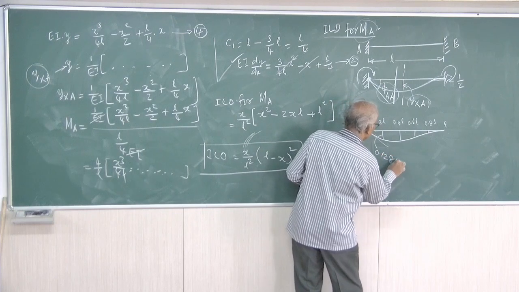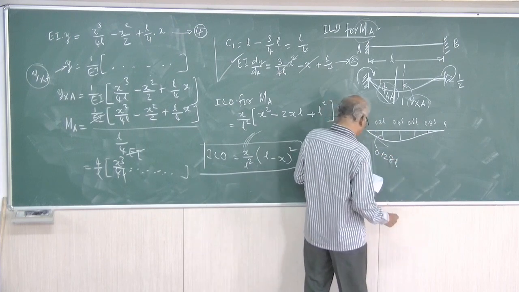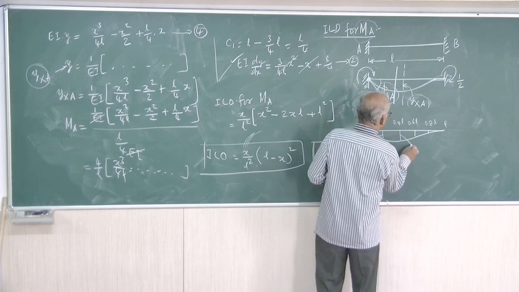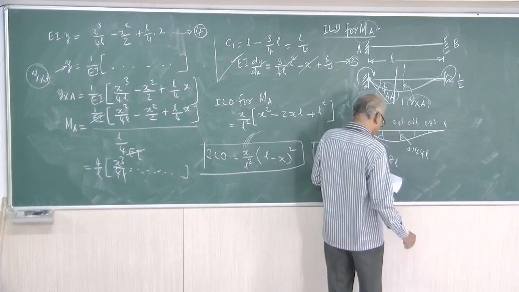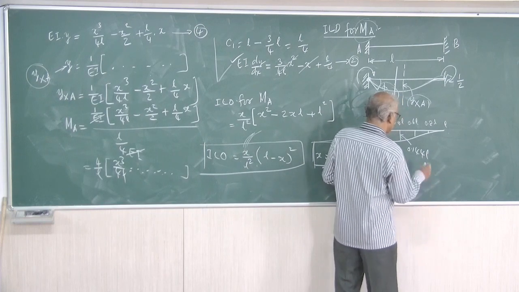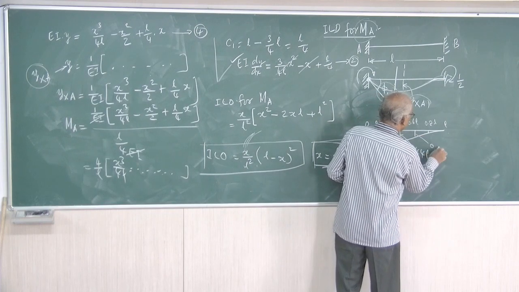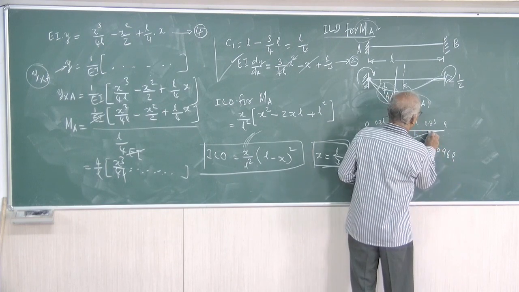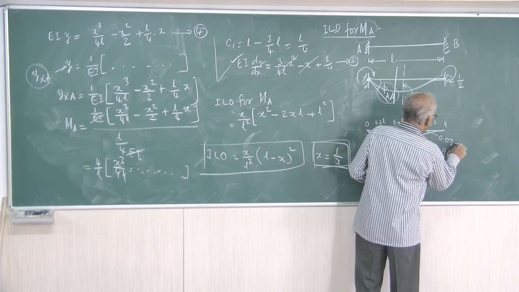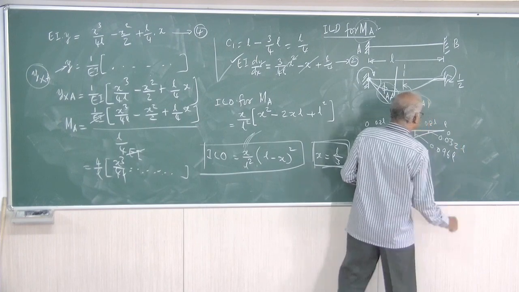You can check. This is 0.144L, this is 0.096L, and this is 0.032L. And here at the end it is 0.